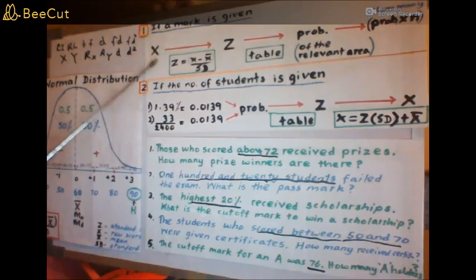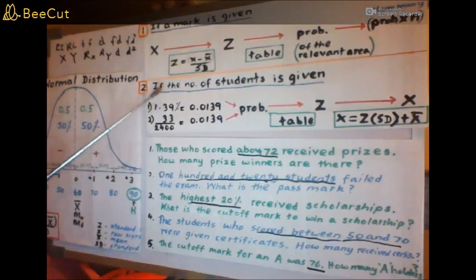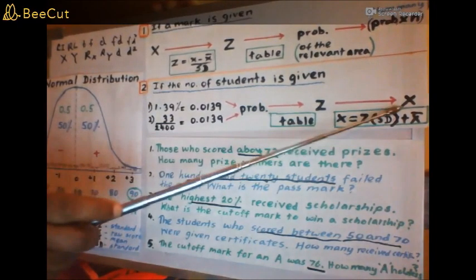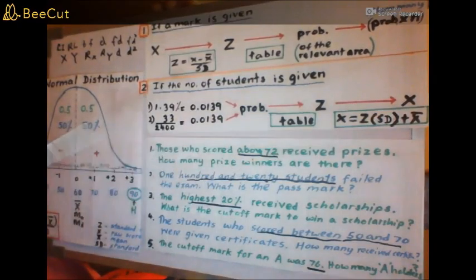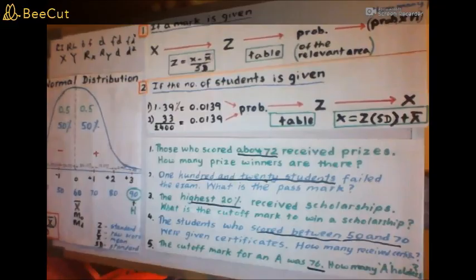We'll do all the possible question types under this subtopic, and then we'll deal with the number of students. When the number of students is given, how to find the relevant mark. And then we'll do a mixture of these two together.